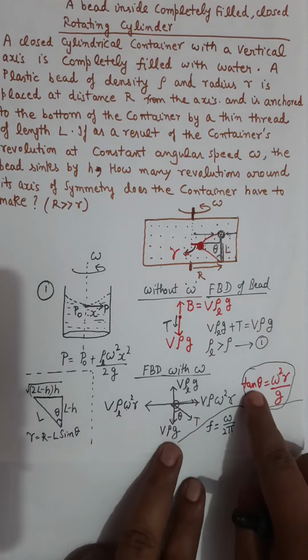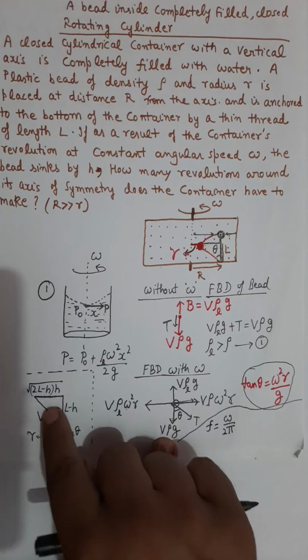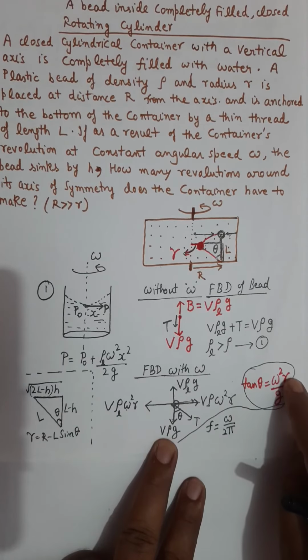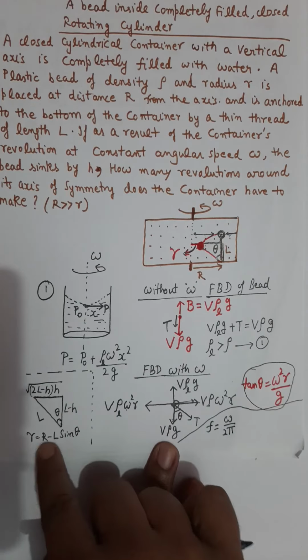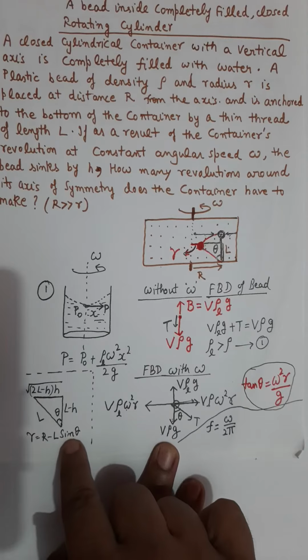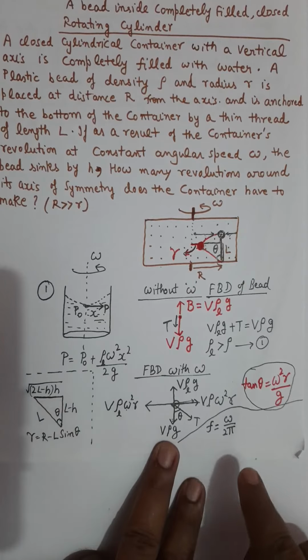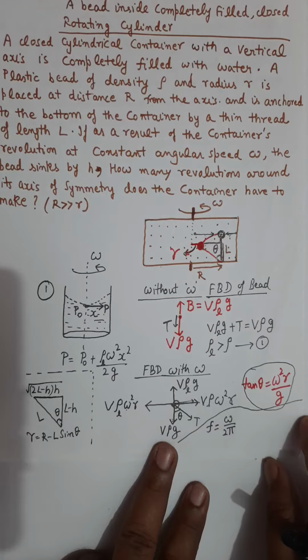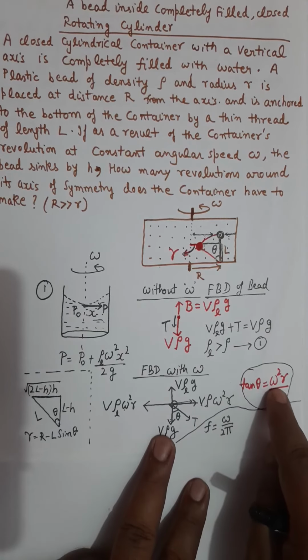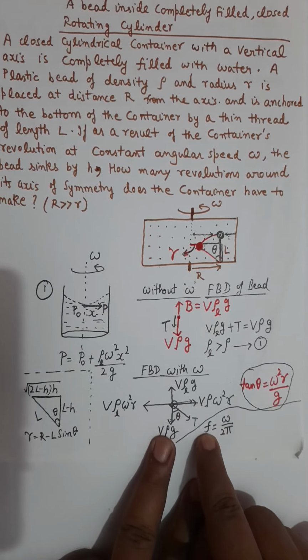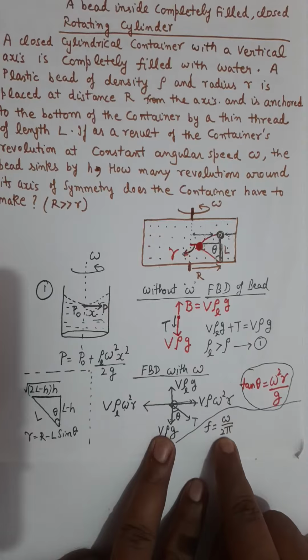I repeat, you need to substitute tan theta from this triangle, and then you also substitute the value of small r as capital R minus L sin theta, where sin theta will be obtained from this triangle. And after doing all this mathematics, you will get the value of omega. Then the frequency of revolution will be omega divided by 2 pi.